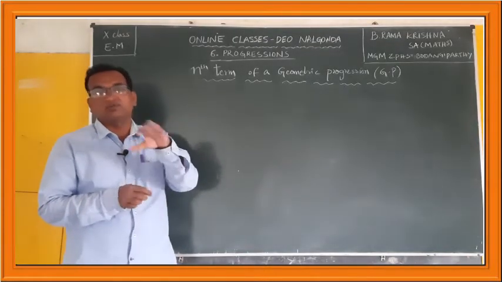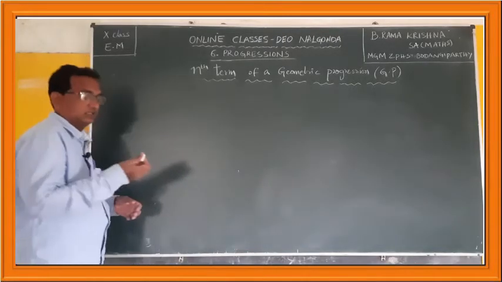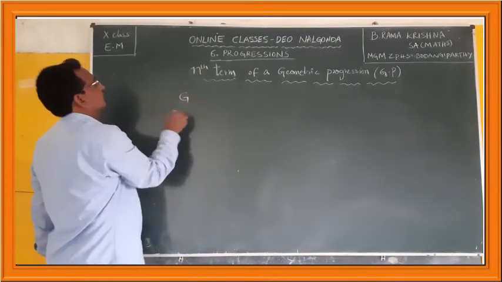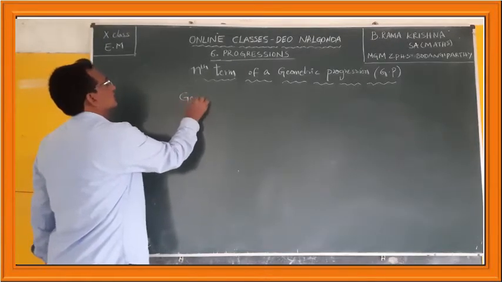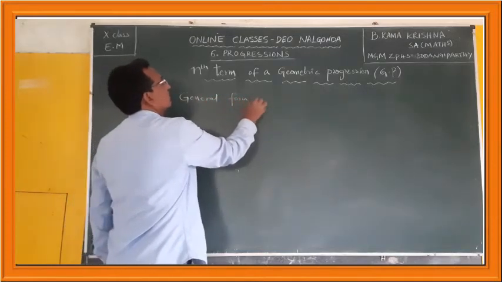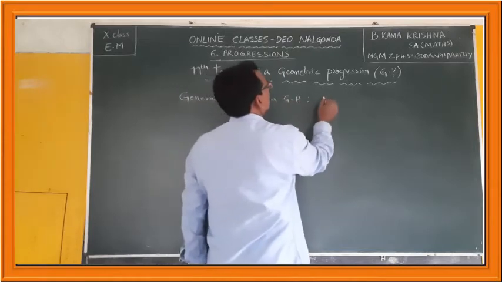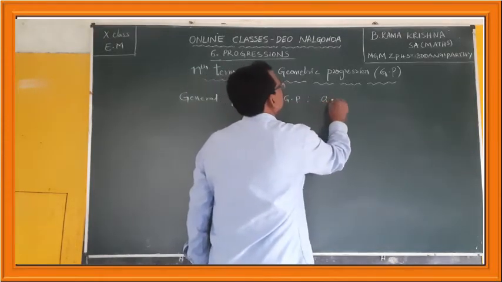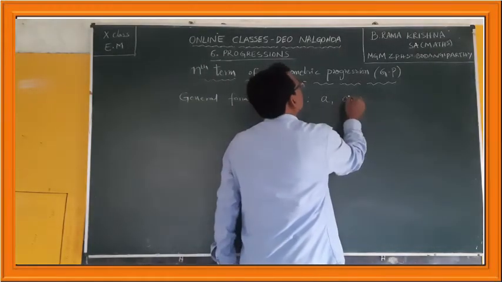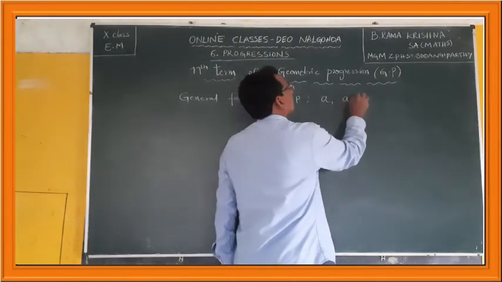general form of a geometric progression. I will write the general form for a geometric progression. Please watch carefully. General form of a GP. What is that? The first term is a, the second term we get by multiplying by the common ratio, therefore ar.